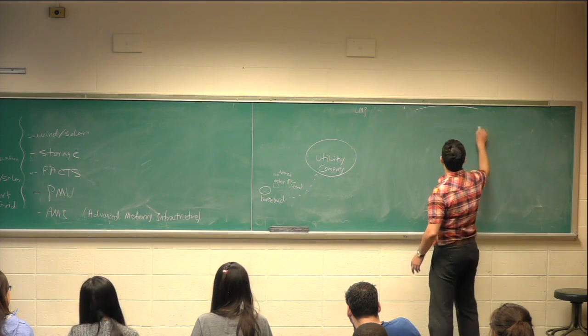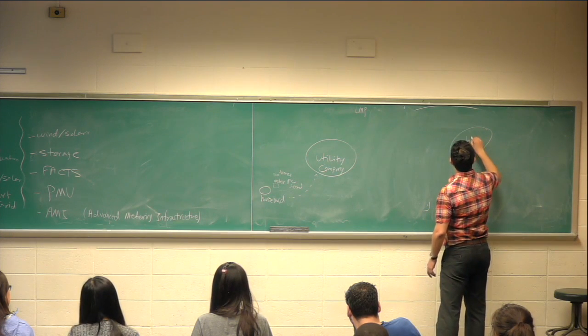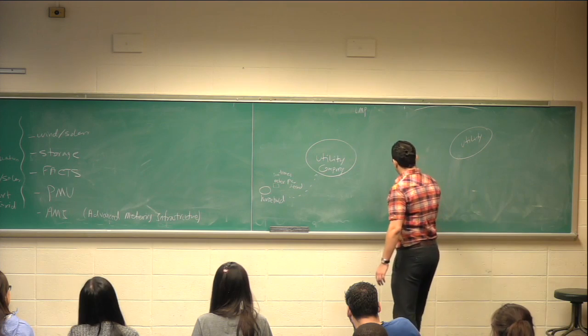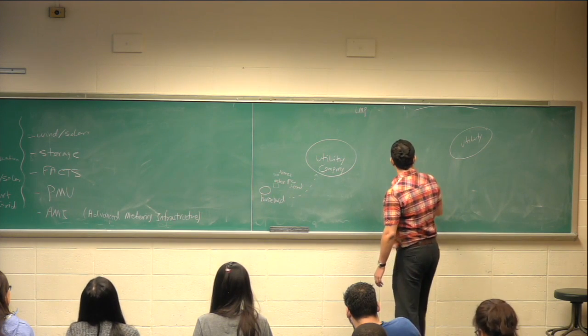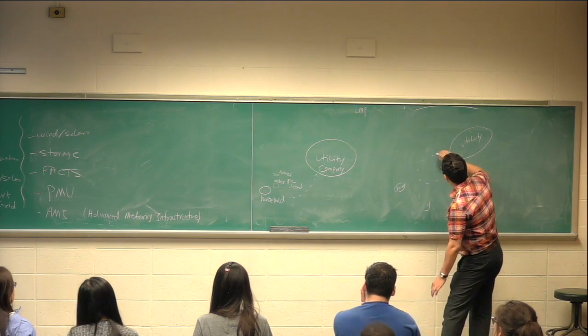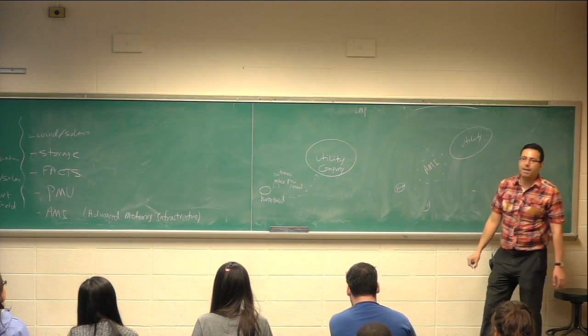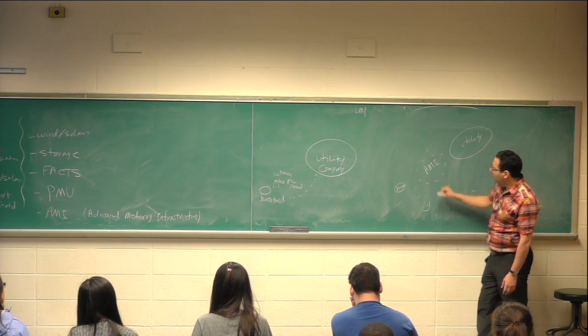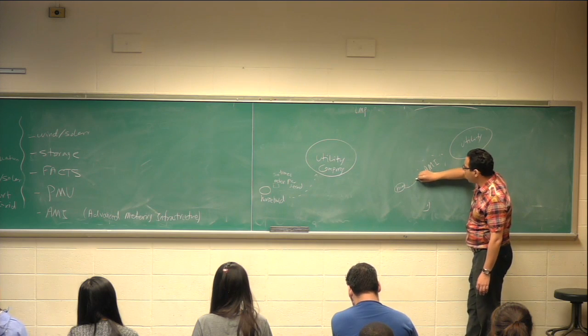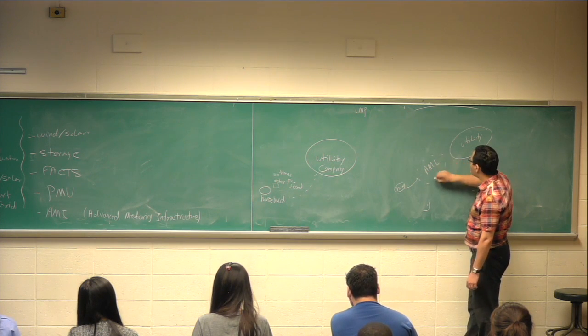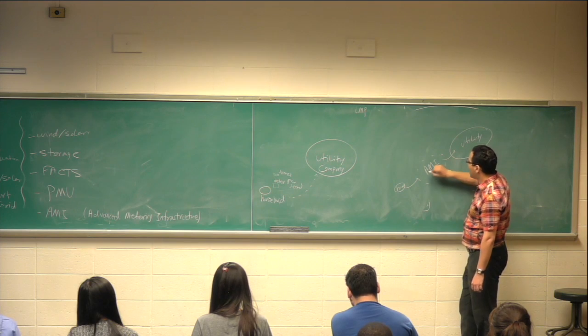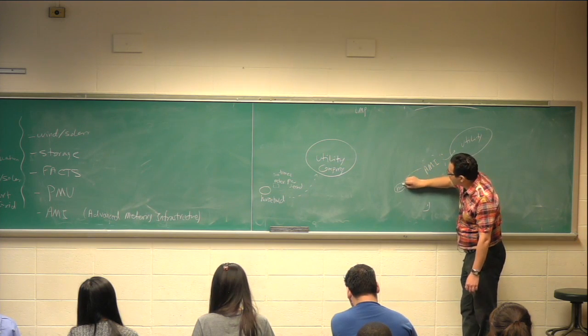So you have a utility company. You are sitting here, this is home, and there is something in the middle which is called AMI. What does AMI do? Gets information very often, processes information, sends it back, and potentially can give you information.